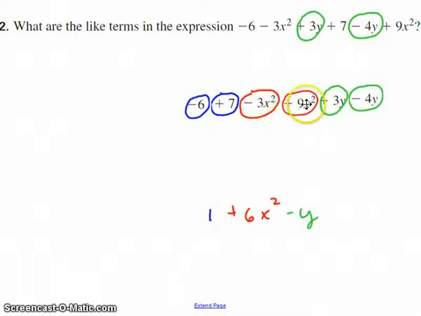The x squared terms you can put together if you want to, and that becomes 6x squared, and the green ones combine to make negative y. I say if you want to for all of this because the question didn't ask you to go any farther than what I've done here. I just identified what the like terms were. But logically, you would keep going and end up combining.